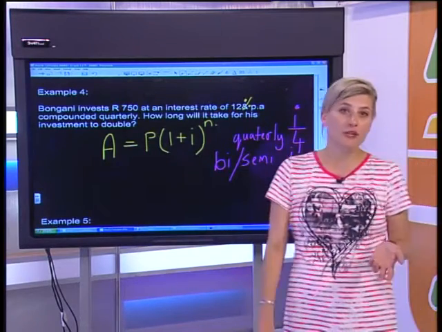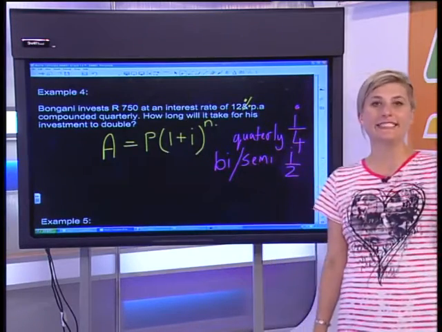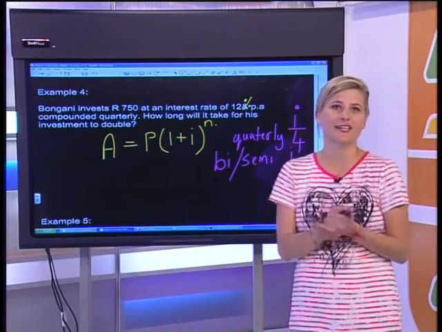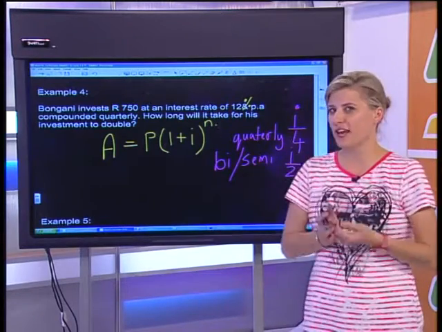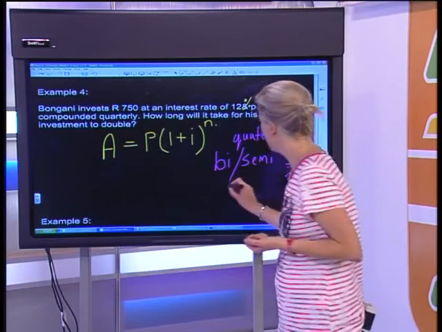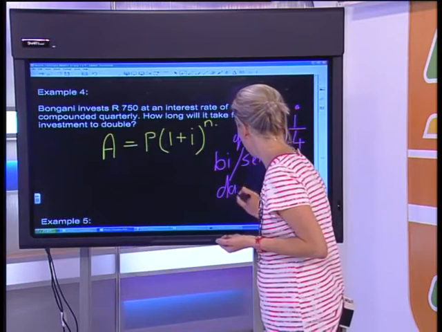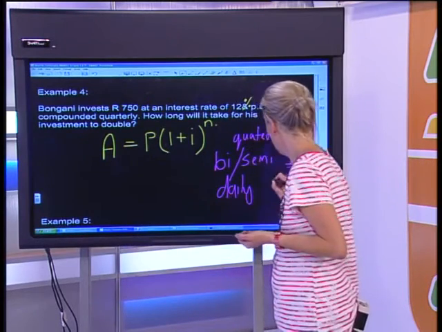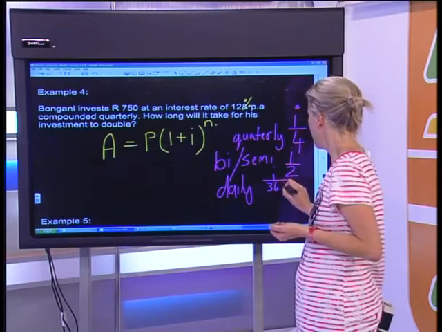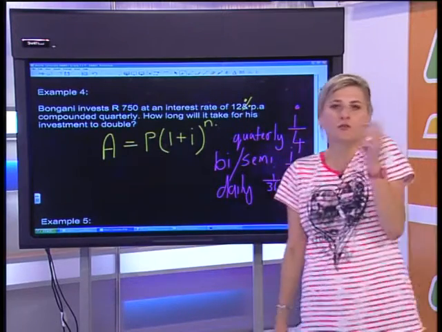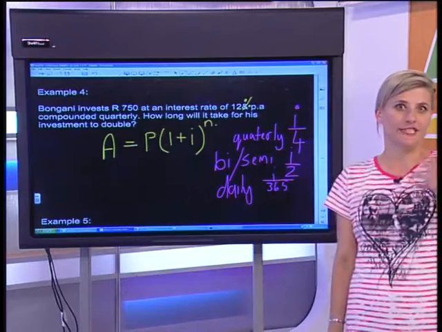Then the other common one is daily. If we say that our interest is compounded daily, we assume that a year has 365 days. So daily would be my interest rate divided by 365. That means you get a minuscule portion of your interest every single day.